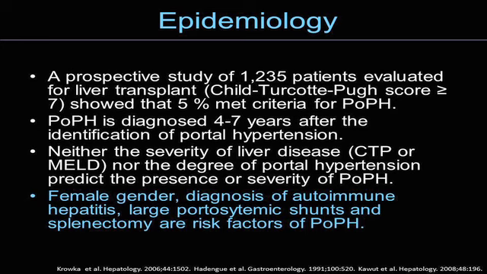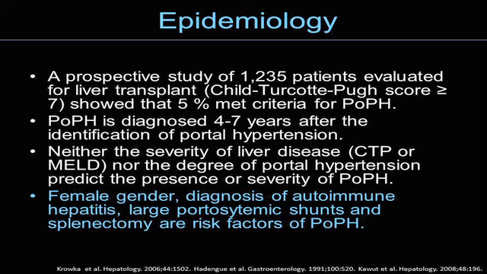The risk factors for the development of porto-pulmonary hypertension in patients with portal hypertension are female gender, the diagnosis of autoimmune hepatitis, the presence of large portosystemic shunts, and splenectomy. Those are the risk factors that have been identified.